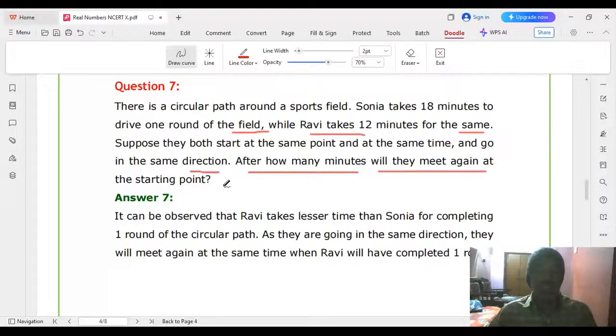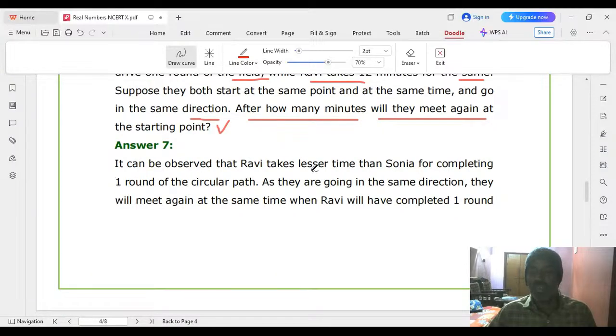Let's see it. We can observe that Ravi takes less time than Sonia to complete one round of the circular path.